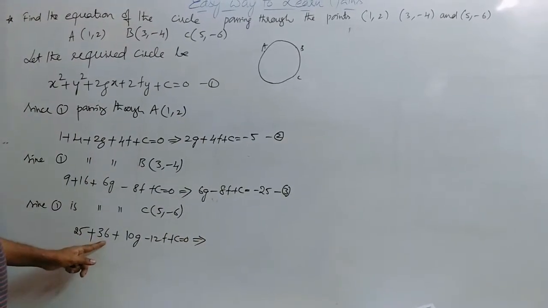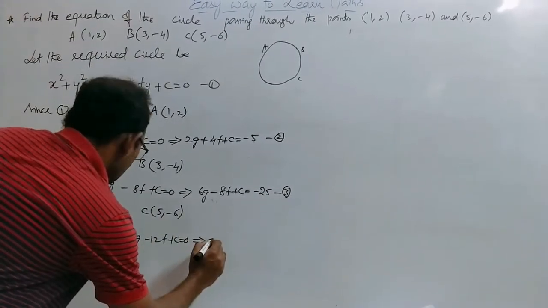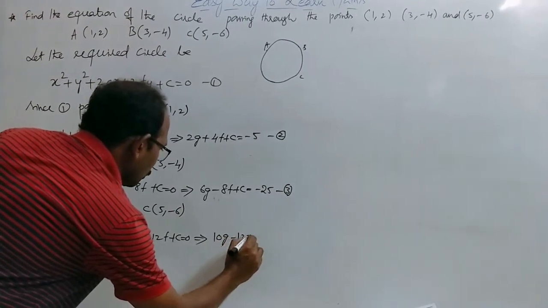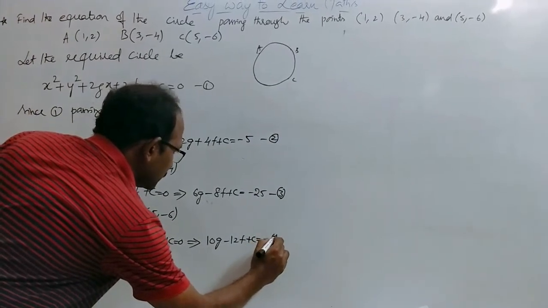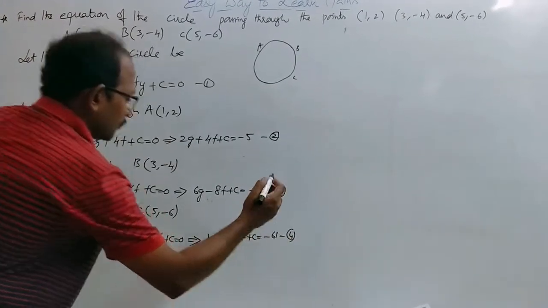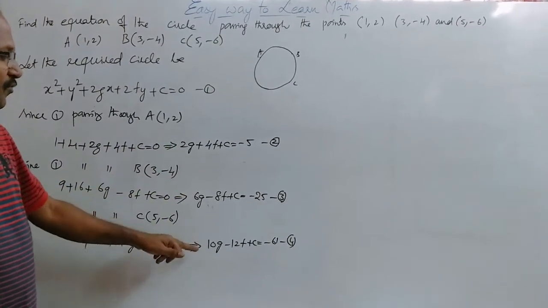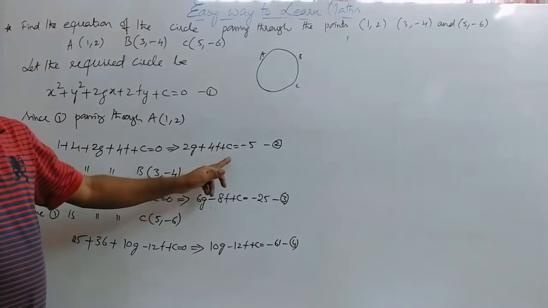Again 25 plus 36, 61. Then 10g minus 12f plus c is equal to minus 61, say equation 4.